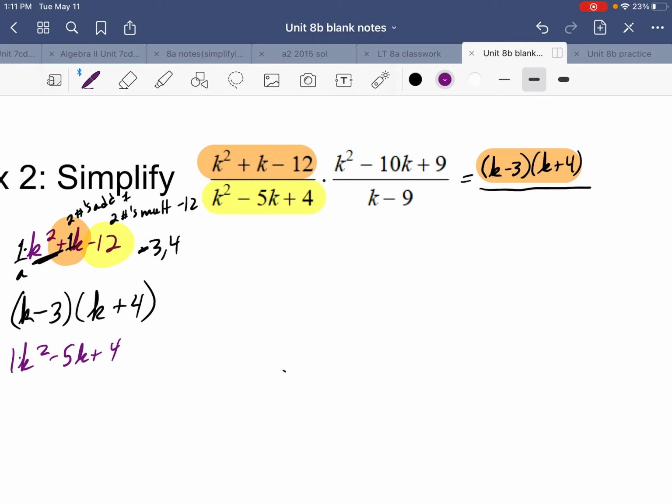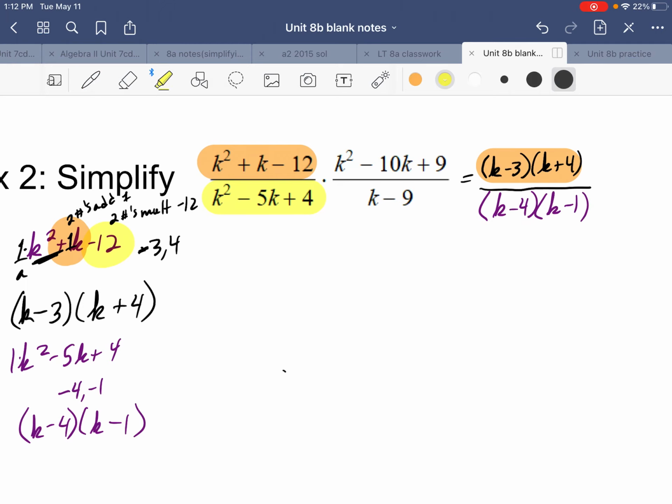Again, the a term is 1, so it's what 2 numbers multiply to 4 that add up to negative 5, and that's negative 4 and negative 1. So our factors are minus 4, minus 1. To get k squared is k and k. And there are your factors.